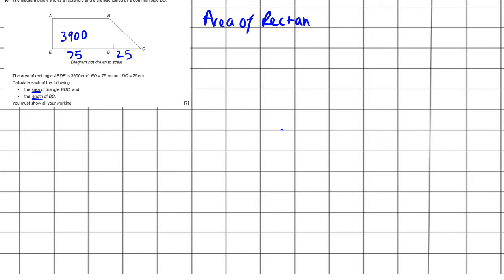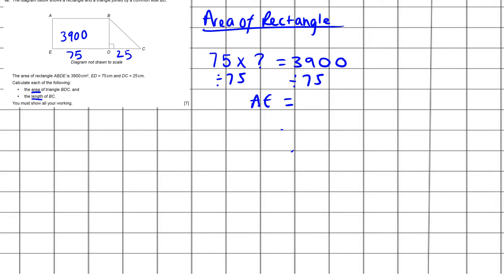So let's work with what we know. Area of rectangle: 75 times something gives us 3,900. Divide by 75, divide by 75. So the length of AE gives us 52 centimeters. So now we know the height of the triangle.